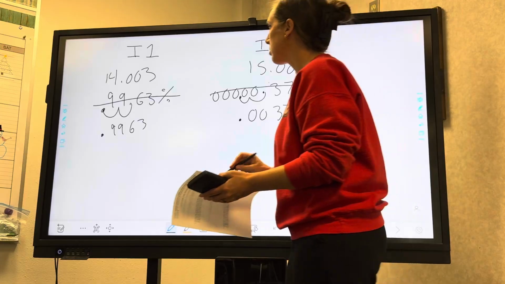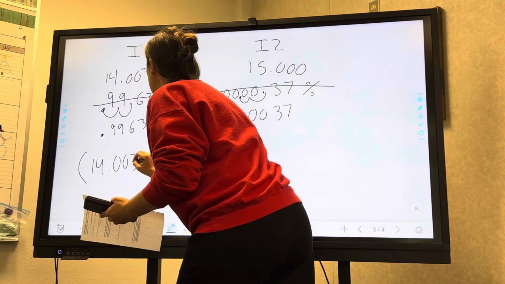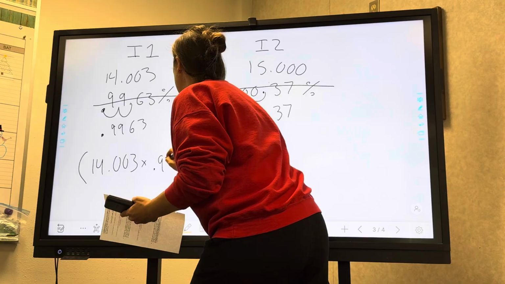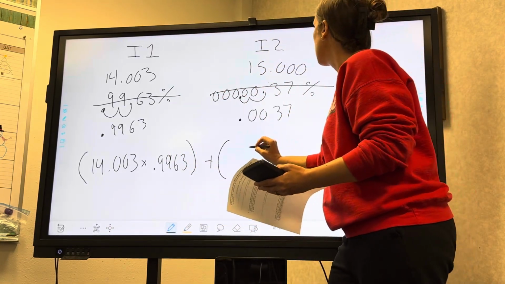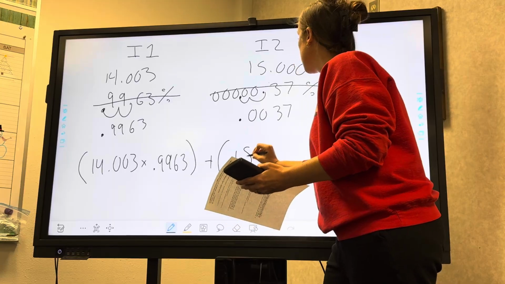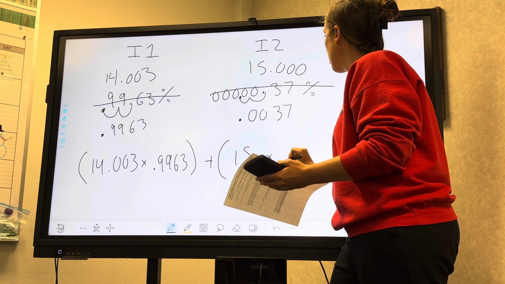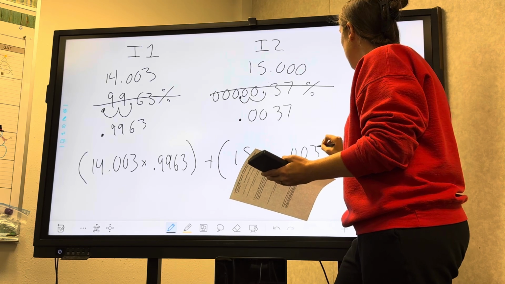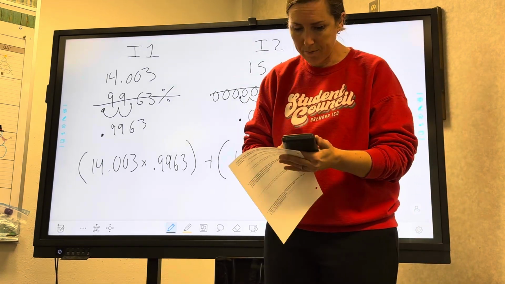Okay, let's put these in parentheses. So ready? 14.003 times 0.9963 plus isotope 2, 15.000 times 0.0037.